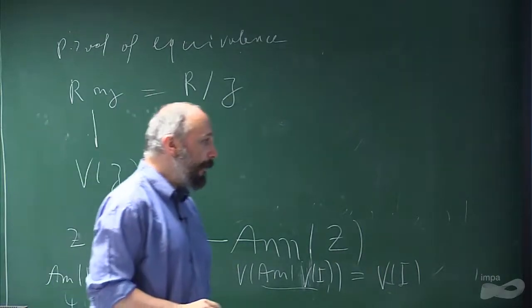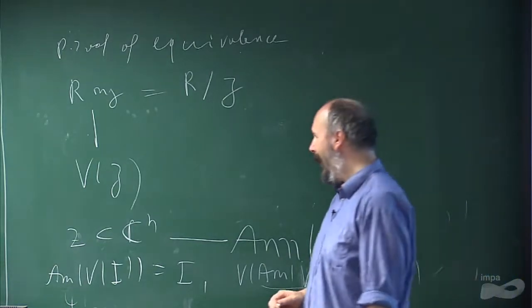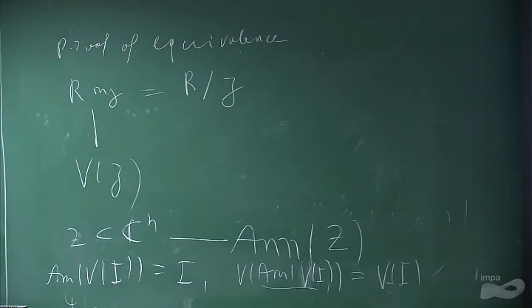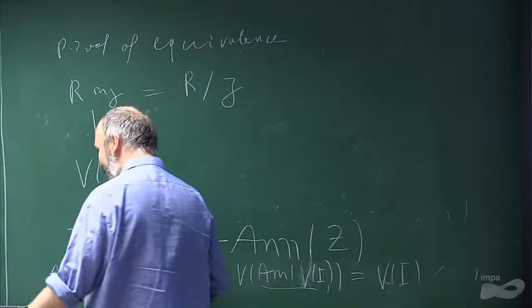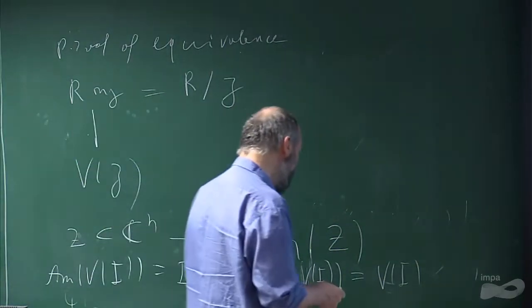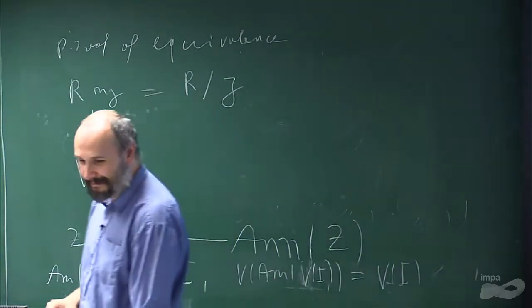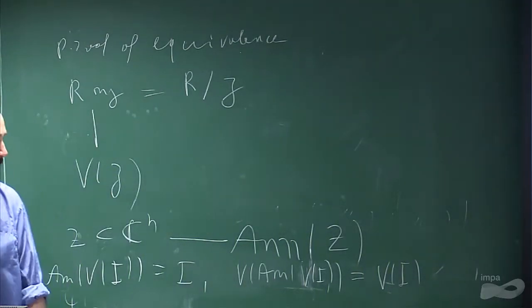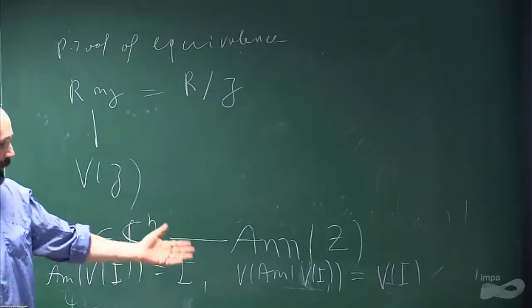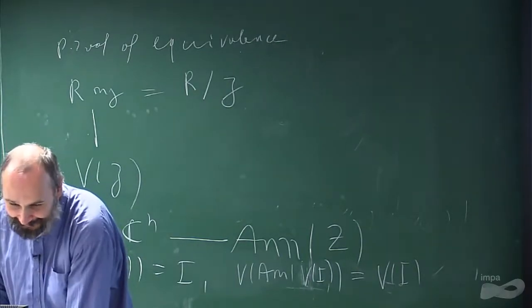So as you can see, the strong Nullstellensatz is the same as equivalence of categories. I mean, this is a tautology. You just have two functors, one is inverse to the other. So in the end, you started with a ring, you obtain the same, I mean isomorphic, ring in the end.